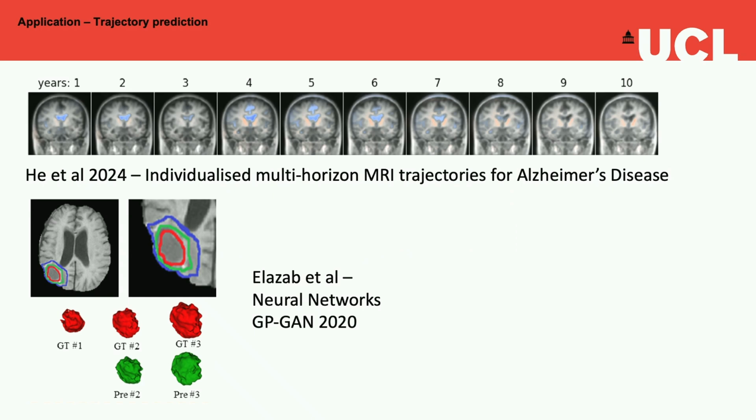In terms of the prediction, here 2 examples. One is the trajectories for Alzheimer's disease, where actually they use a combination of VAE and GAN to try to see the evolution over 10 years. They had originally only 3 or 4 years of evolution. They try to extrapolate the evolution of the ventricular expansion and atrophy.